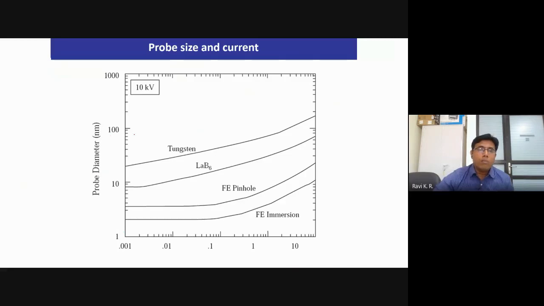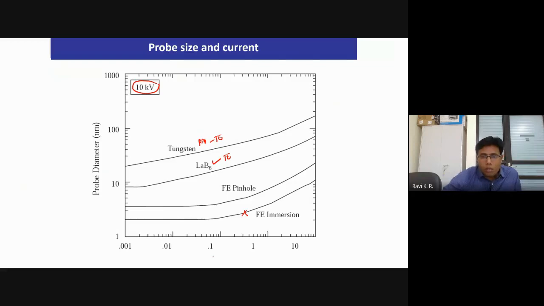Let's say that you have 10 kV as a constant voltage that you are using. Now you have a tungsten pin based filament and this is a LaB6 filament. Both are thermionic. Now you have a field emission gun. Now what is optimum?